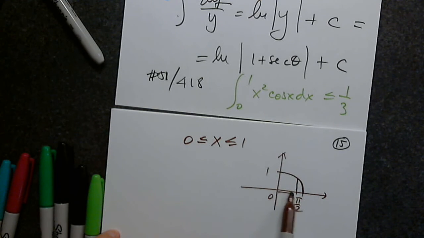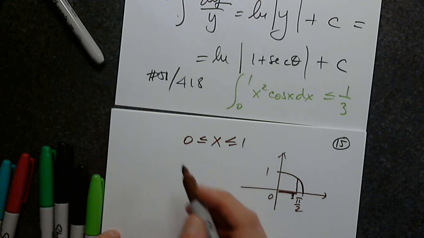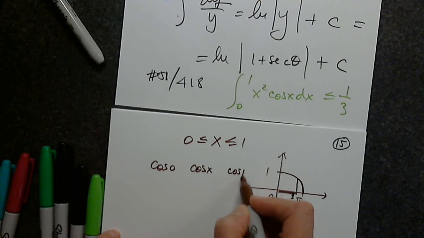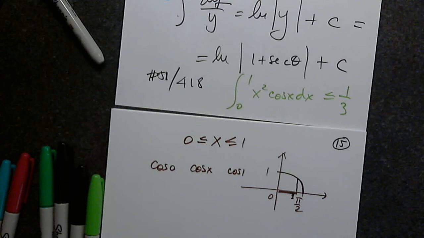On the interval 0 to 1, cosine 0, cosine x, and cosine 1, what is the relationship between them? Or x between 0 and 1. Which one of these two numbers, cosine 0 or cosine 1, is bigger? Right. So then cosine 0 is bigger than cosine x, which is bigger than cosine 1.